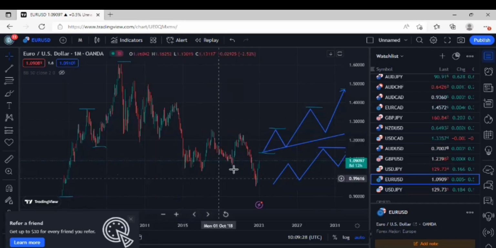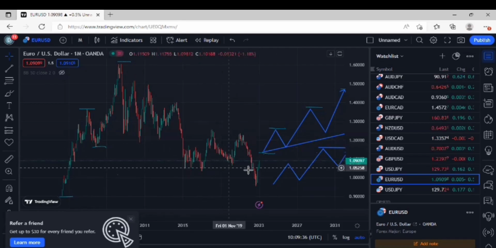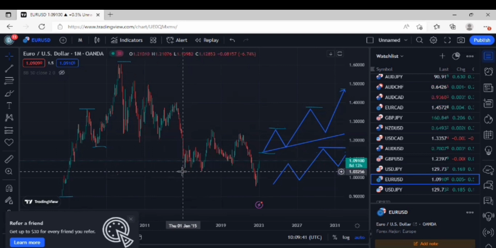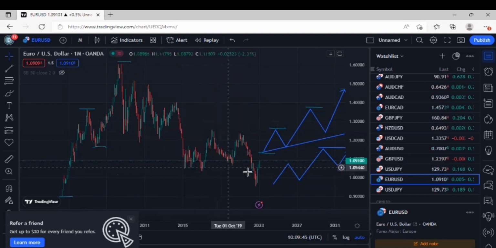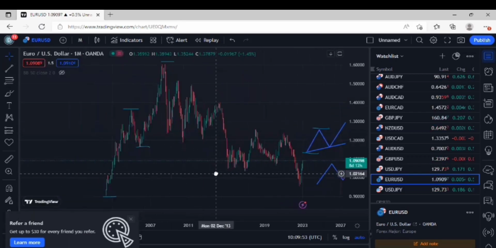So for example now, since this one has broken this previous low that we have here, that means this trend is continuing. This downtrend is going to continue, because this has confirmed the trend downward. So far it has broken this low that we have here.